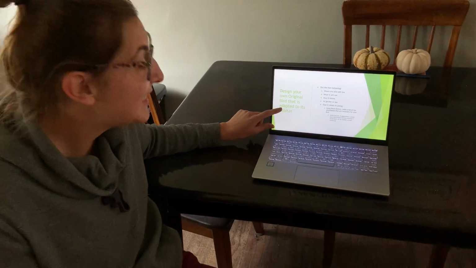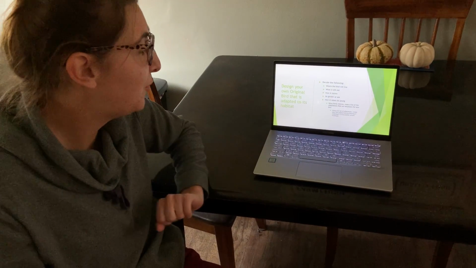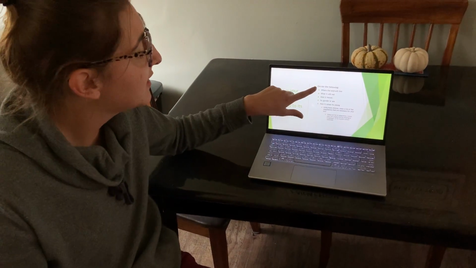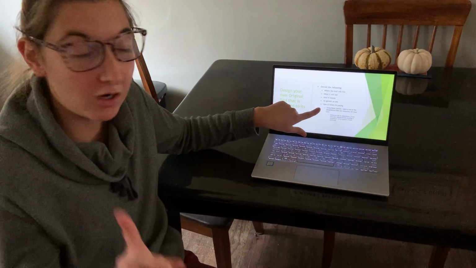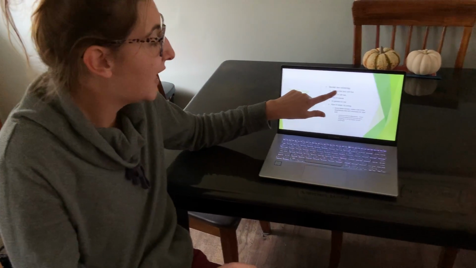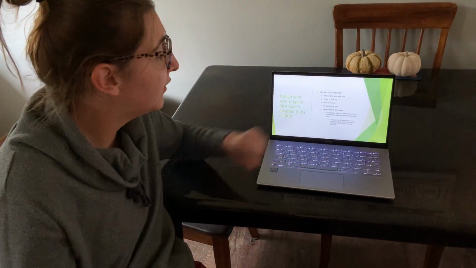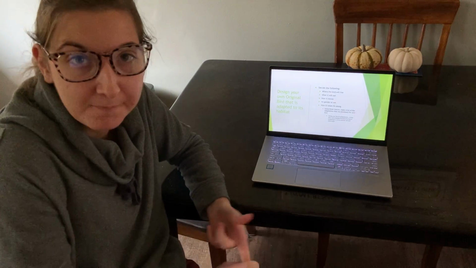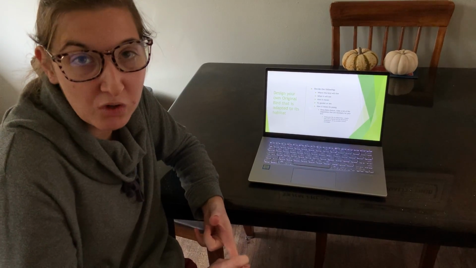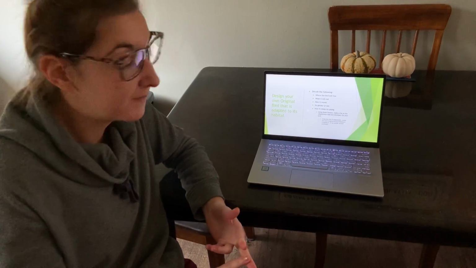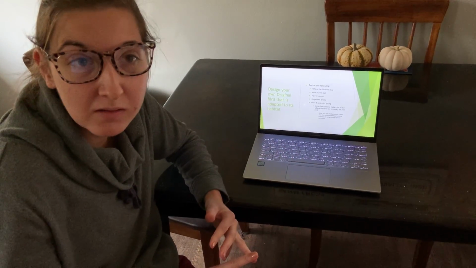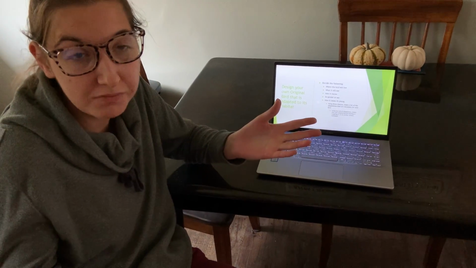After we do that, let's design our own original bird that is adapted to its habitat. So we need some things that are going to be in our bird. You're going to decide, 1, where the bird will live, and that can be somewhere warm or somewhere cold. Or does it live in a tree?